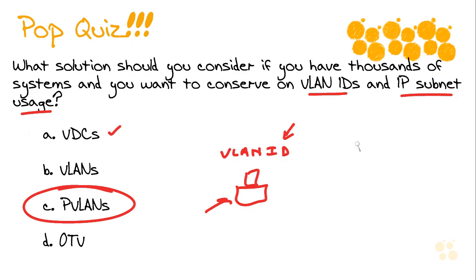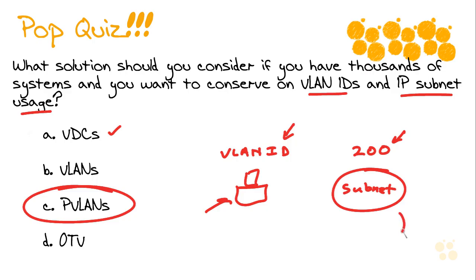Instead, we can say, all right, we'll take one VLAN ID and make it a sub VLAN ID in the private infrastructure, and we can put a subnet in that particular entity and draw from that same subnet address space in another sub ID. So we are able to really conserve on VLAN ID usage and IP subnet usage, and this is what, of course, private VLANs are all about.